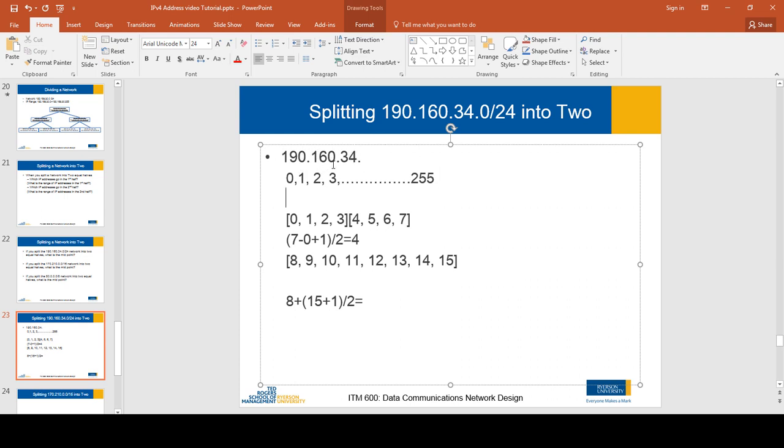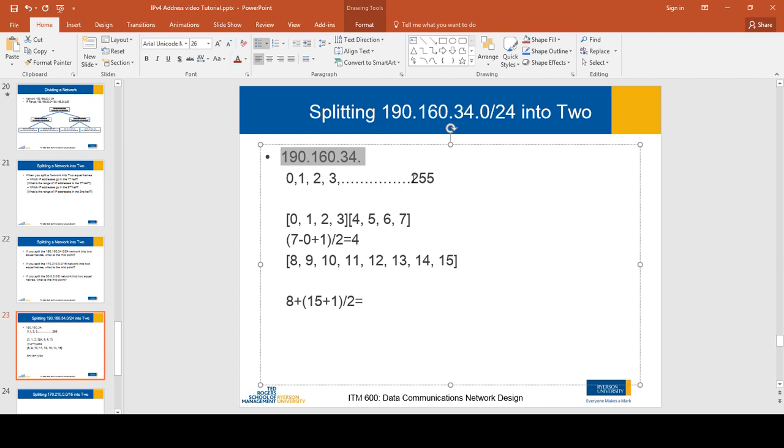190.160.34.0 is the first one, 190.160.34.1 is the second one. For convenience, I'm writing them without repeating the first 3 octets, and the first 3 octets will be the same for all of these IP addresses. 190.160.34.0 is the first IP, .1 is the second IP, .2 is the third IP, and keep going.